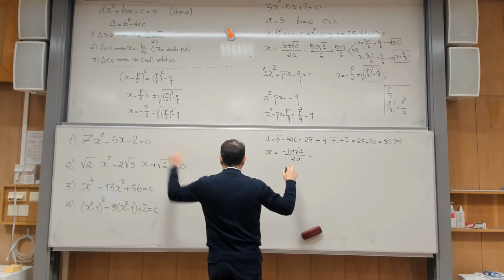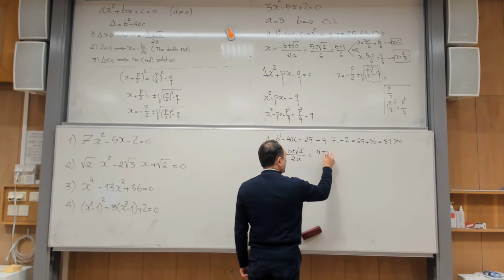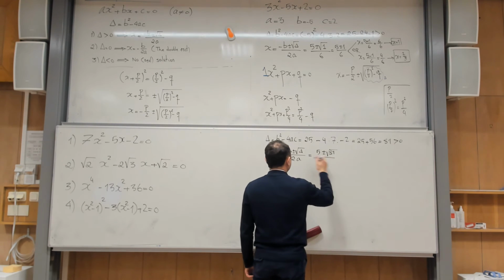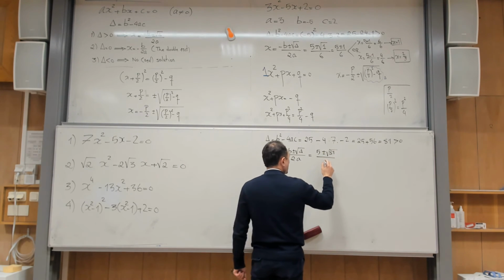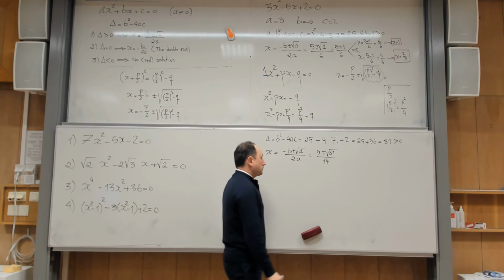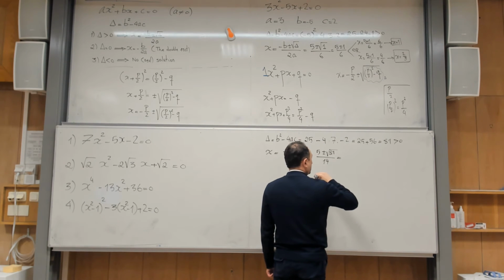Minus b is positive 5 because b itself is negative 5. Plus or minus the square root of delta, we already calculated it, divided by 2 times a, which is 2 times 7, 14. But the square root of 81 is just 9.